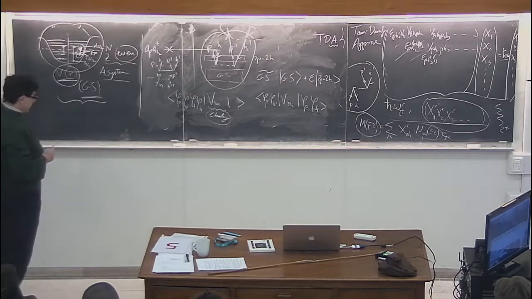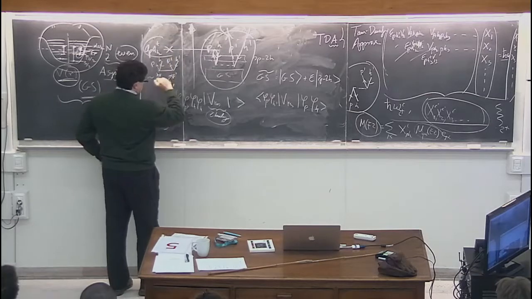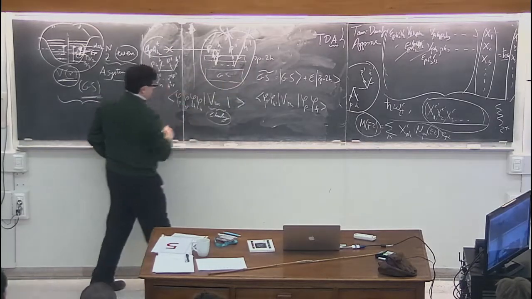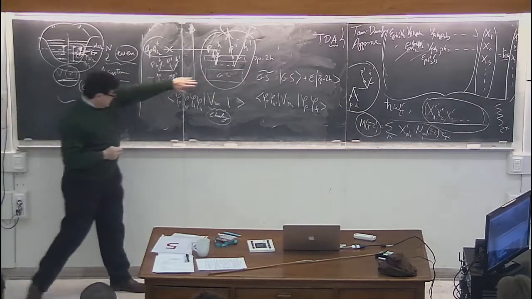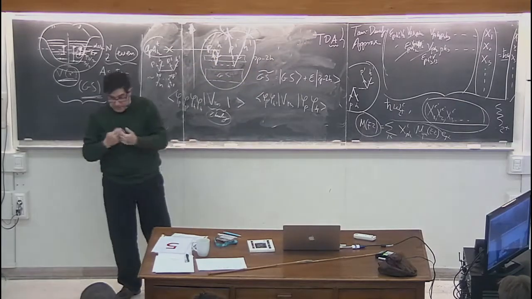So you can have the possibility of creating a particle hole by destroying a particle hole, because in your ground state you have already components that are two particle to hole.